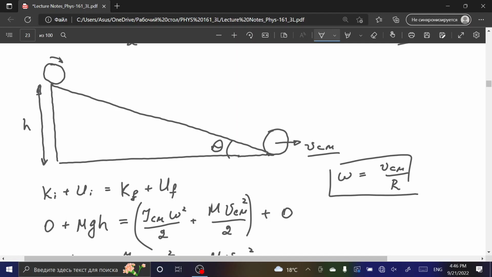So keep in mind, when we have rolling of a rigid body, we deal with kinetic energy of rotational and translational motion, which is important because if you don't do this and convert all potential energy into kinetic energy of translational motion, forgetting about rotation, that will lead to a wrong result and misinterpretation of your initial set of data.